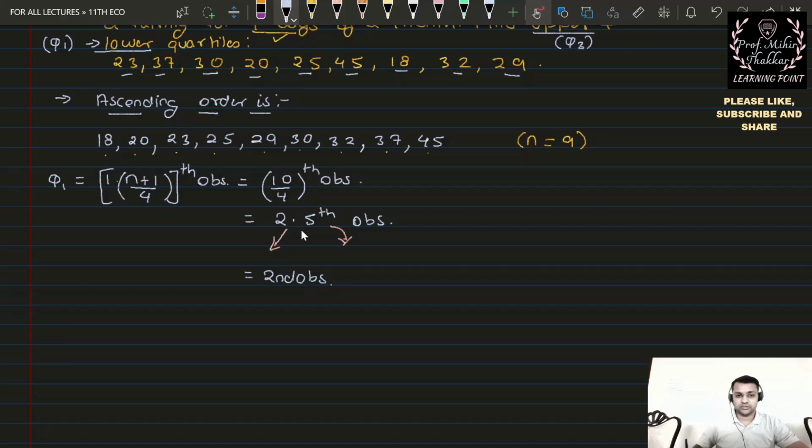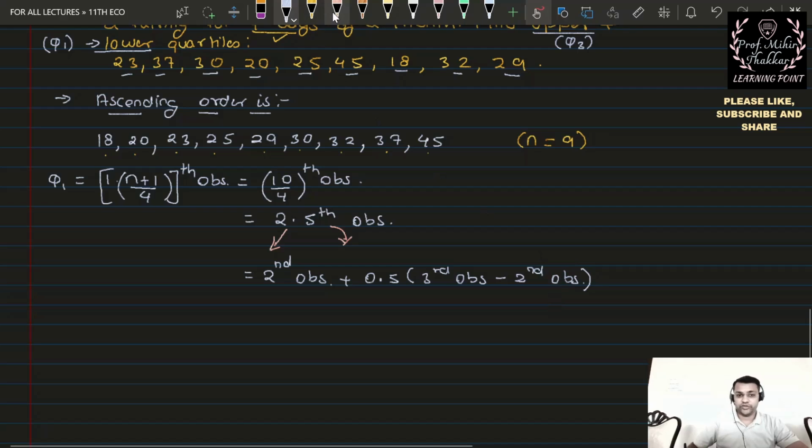Second observation plus 0.5 multiplied by third observation minus the second observation. I'll explain to you once again why we are doing it like this with the help of a small number line.